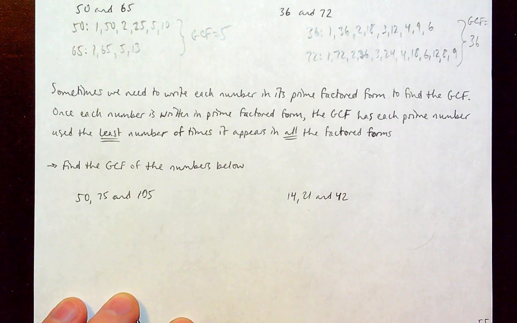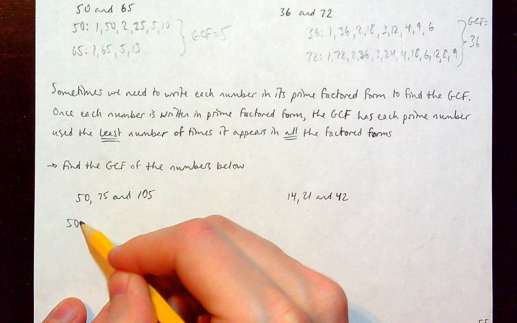So what we're going to do is write each number in prime factored form. We're going to see what primes are being used amongst all of the numbers. And whatever is the smallest exponent on that prime, that is going to be the exponent of that prime in the GCF.